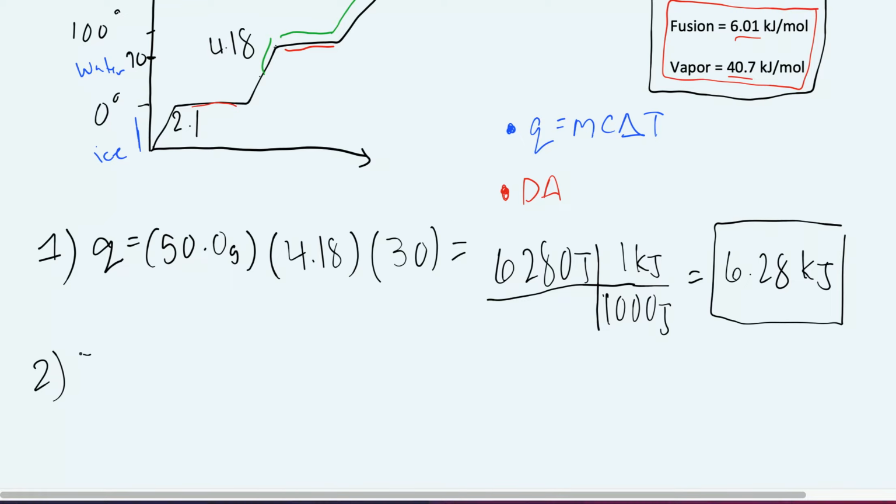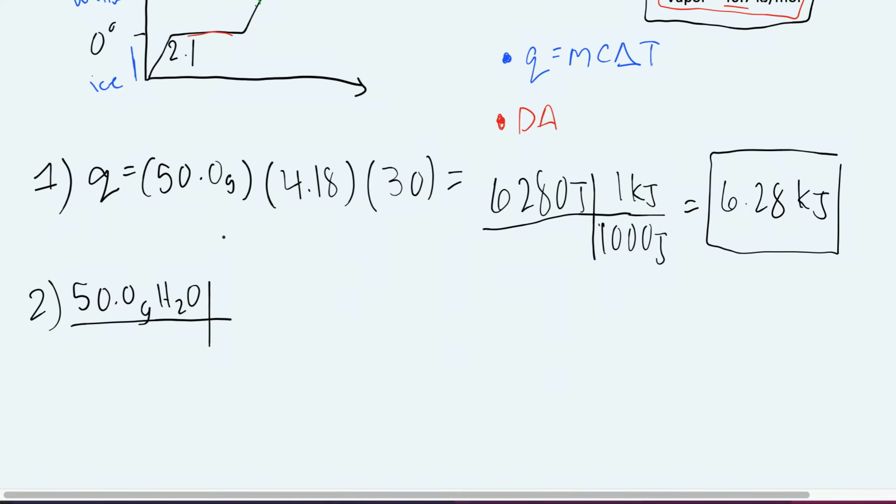In dimensional analysis, start with your given. Start with what you're given, 50.0 grams of H2O. And we're going to convert this. Whenever you look at the periodic table, hydrogen is 1.01 and oxygen is 16.0. So when you add those values, you have two hydrogens, so 1.01 plus 1.01 plus 16.0 will give you a total of 18.02 grams of H2O.